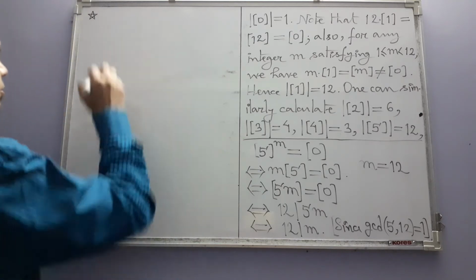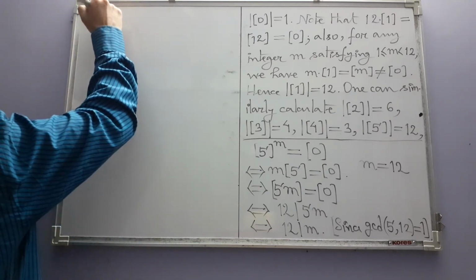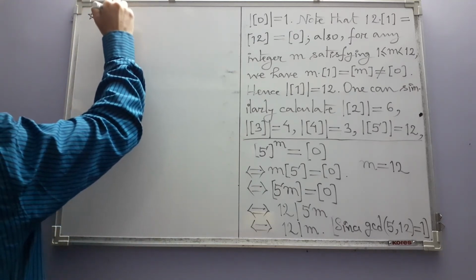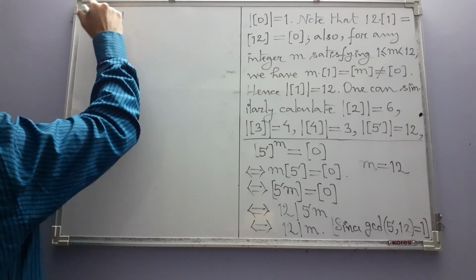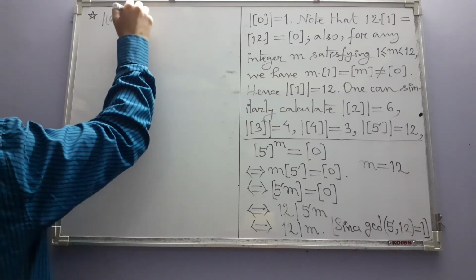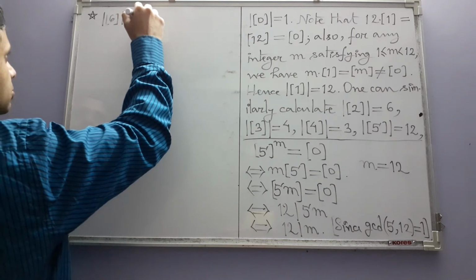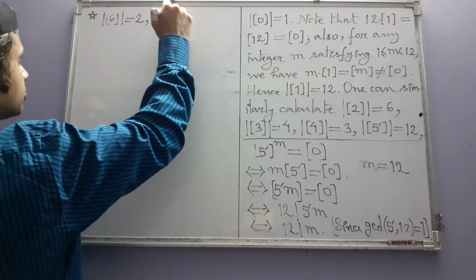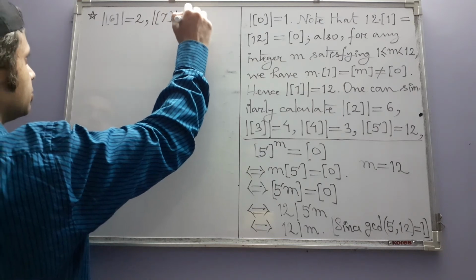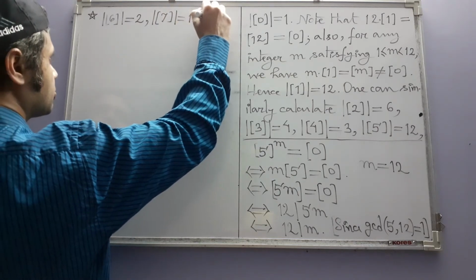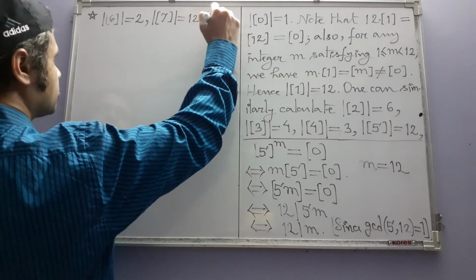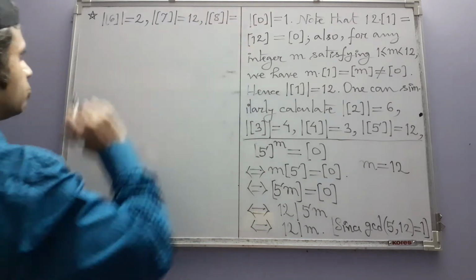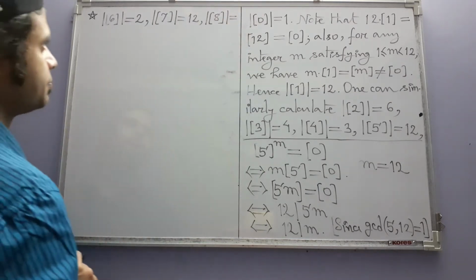So this is 12, then like that the order of the congruence class 6 will be 2, this is again 12, what will this one be?